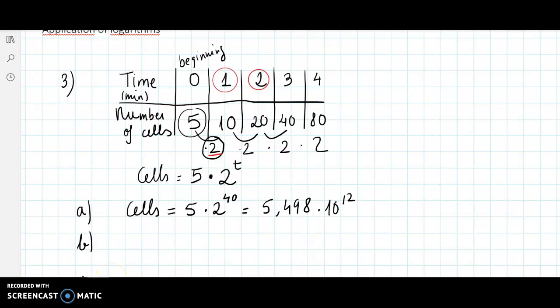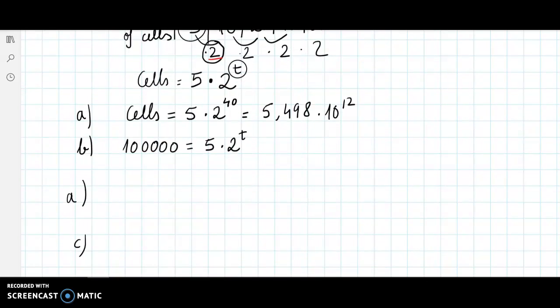We have to substitute in the cells: 100,000 equals 5 times 2 to the power of the time, because we have to find the time to get 100,000 cells.